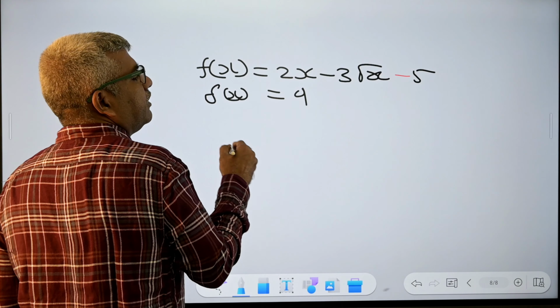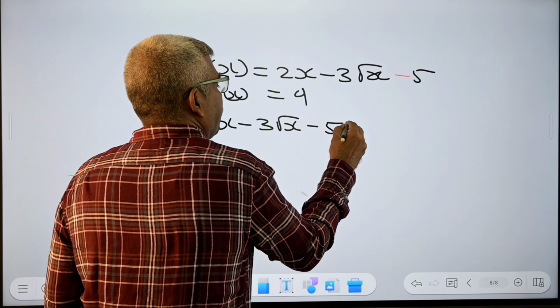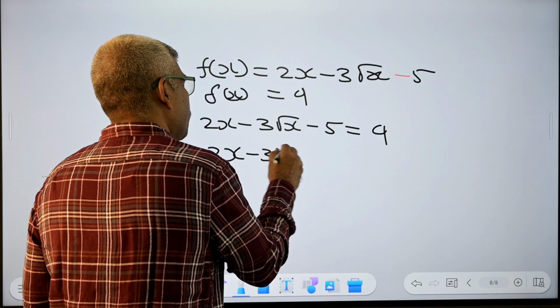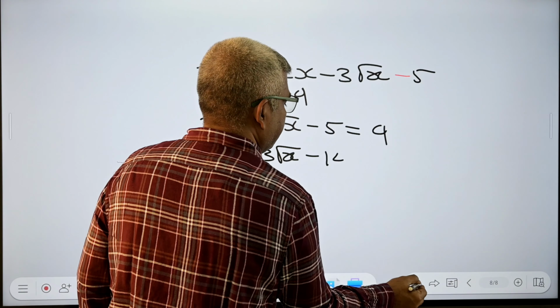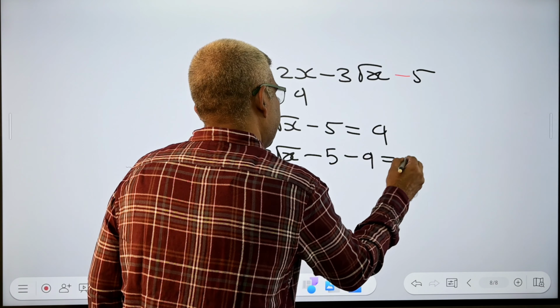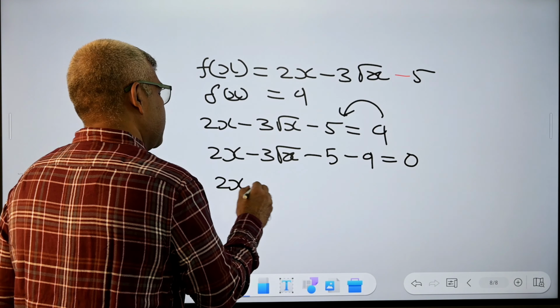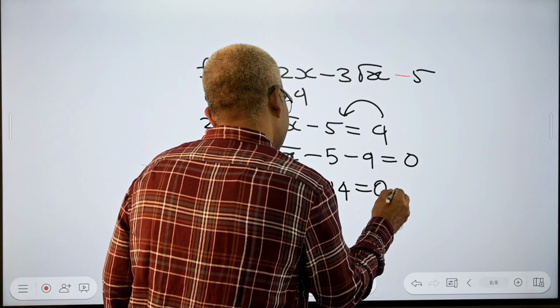What is the meaning? 2x minus 3 root x minus 5 is equal to 9. So 2x minus 3 root x minus 14. How did the 14 come? Minus 5 minus 9 equals 0. This 9 is coming here. 2x minus 3 root x minus 14 is equal to 0.